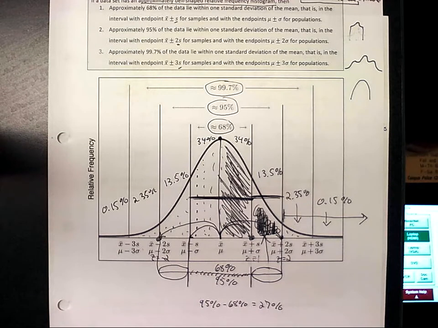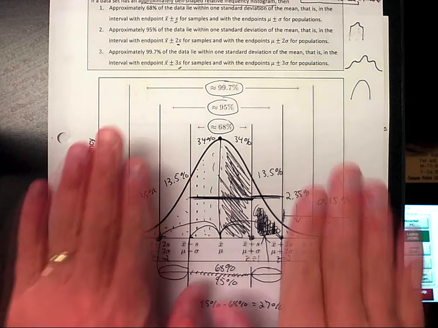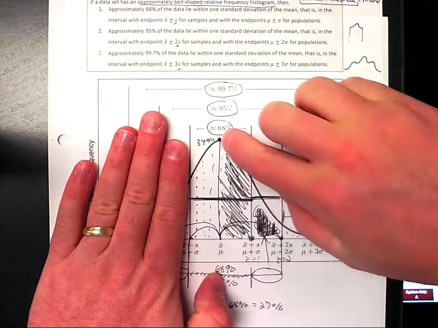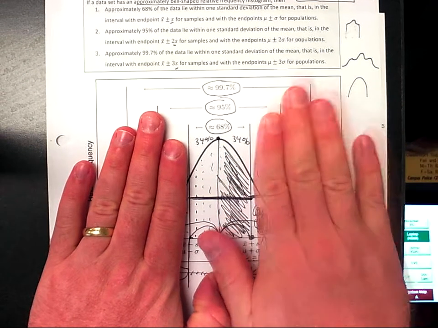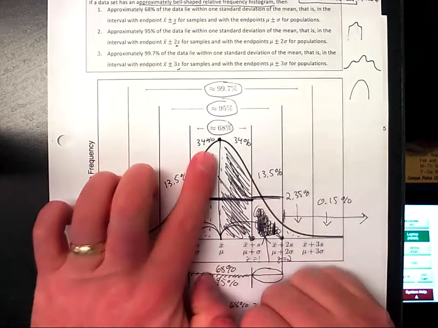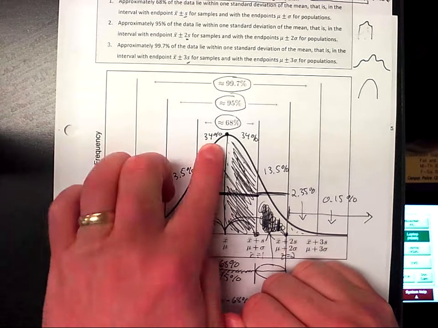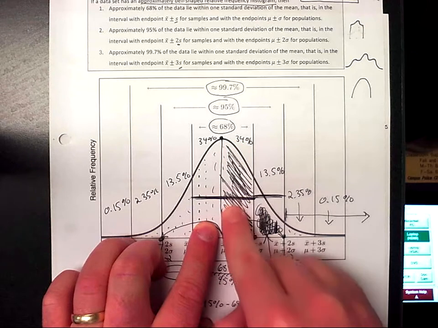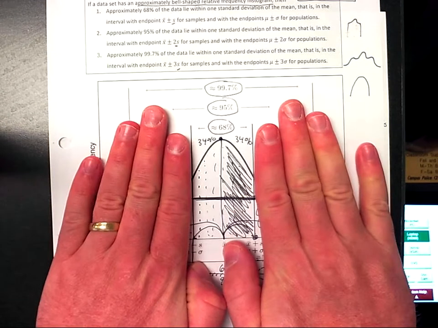Then another thing we did last class was we said, I get the fact that we go 68, 95, 99.7, but we also know that this distribution is symmetric. So if we look at this 68% range and divide it in half, then on one half we're going to have 34% since it's symmetric, and on the other half we're also going to have 34%, for a total of 68%.